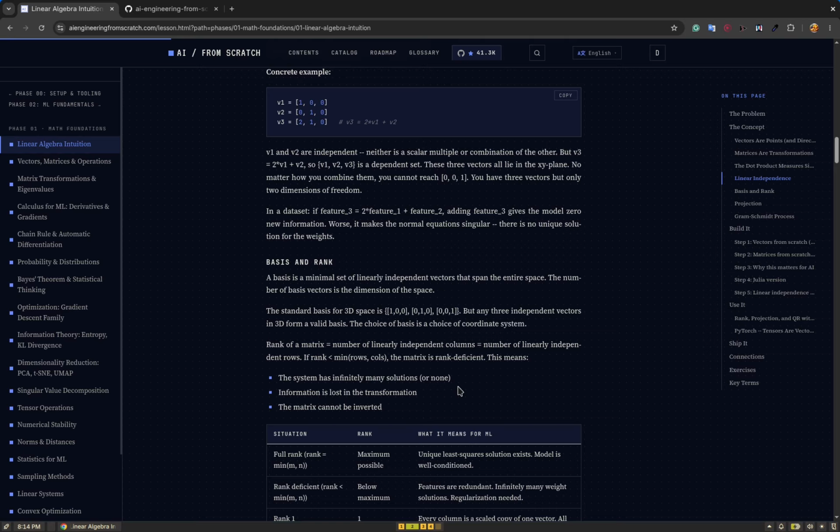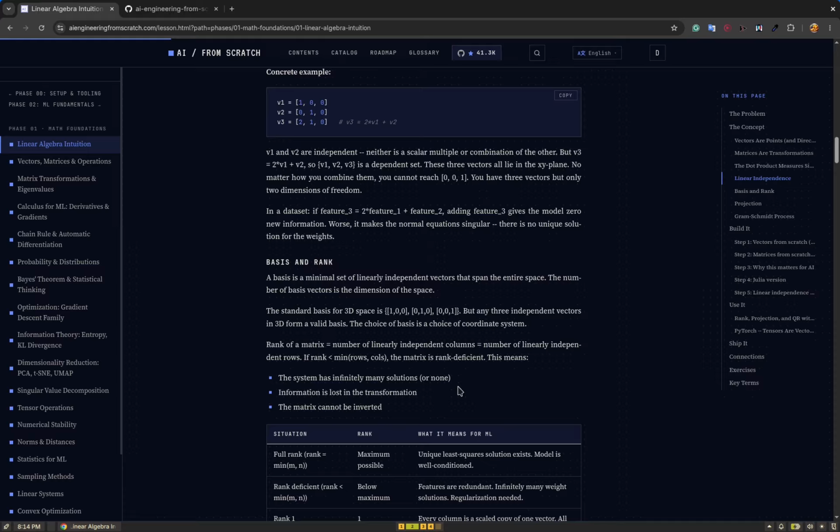Okay, so I see. The rank is the number of independent columns, meaning the columns and the rows are all independent of each other.